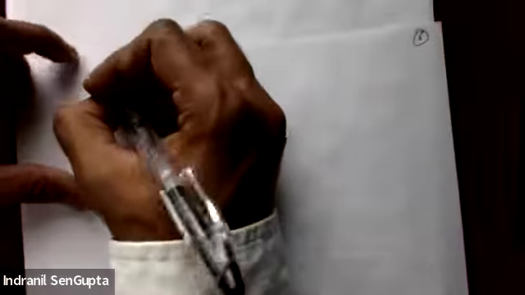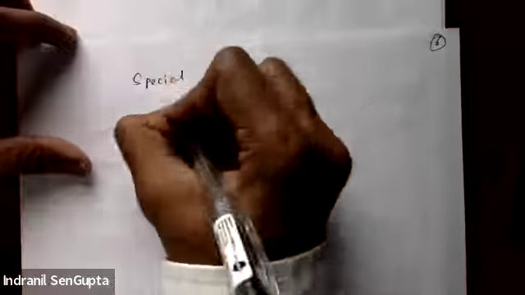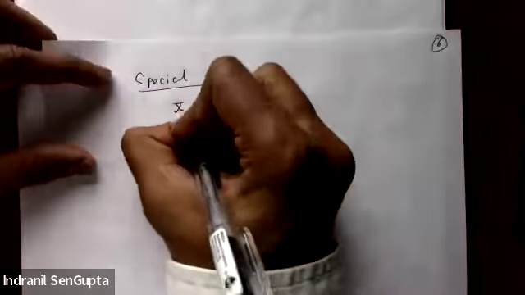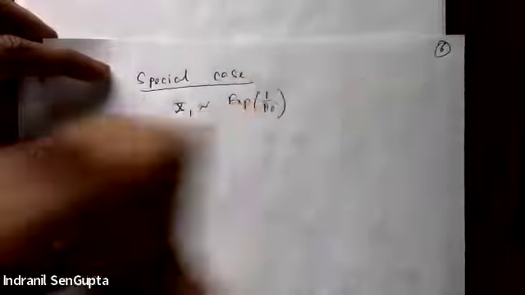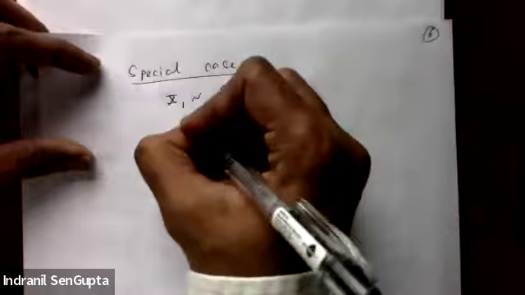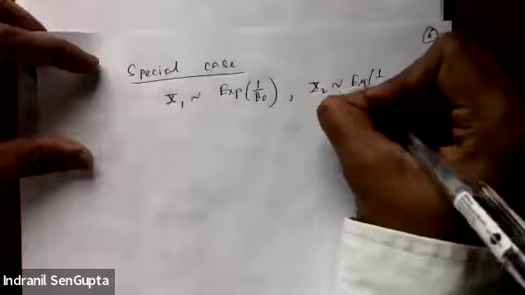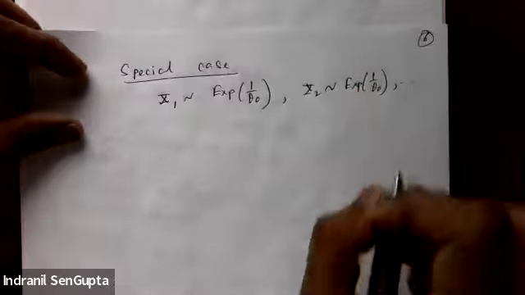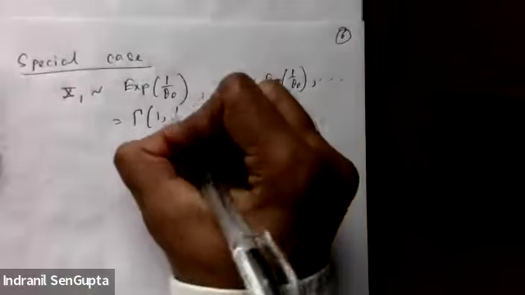Now, what is the special case of this one? Special case. We know that if x1 follows an exponential distribution with parameter 1 over theta 0, like we have in this problem, x2 follows exponential with 1 over theta 0, and so on. This is the same as gamma of 1, comma 1 over theta 0.